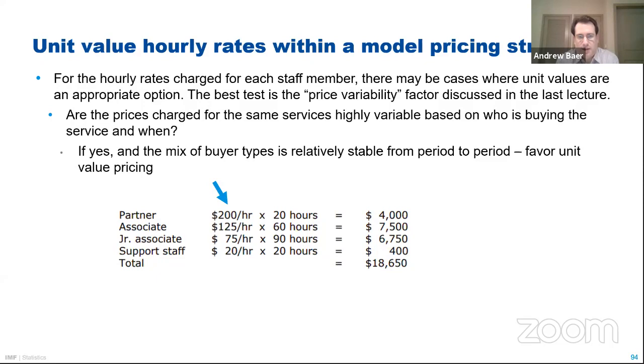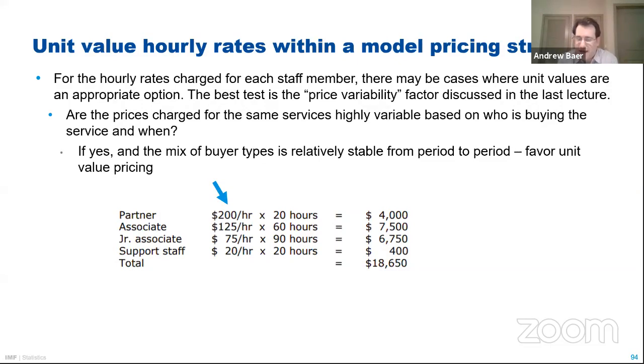Now, for these hourly rates charged for each staff member, there may be cases where unit values are an appropriate option. So we would go through our flow chart to help us determine that. The key one here is usually the price variability factor. Are prices charged for the same services highly variable based on who is buying the service and when?